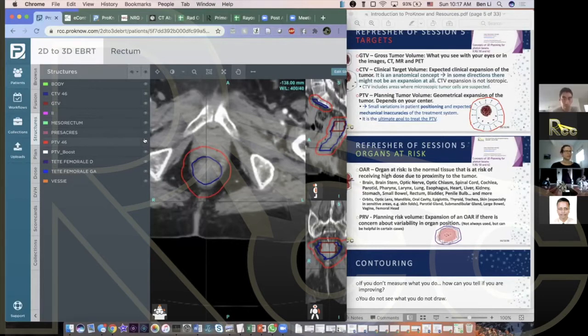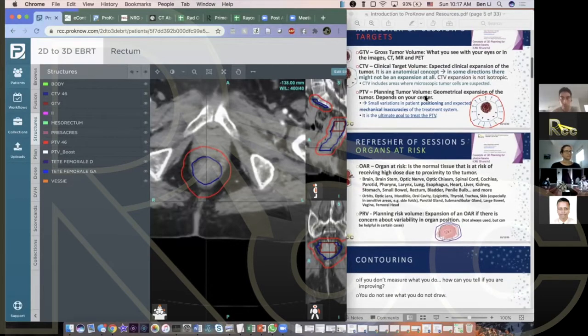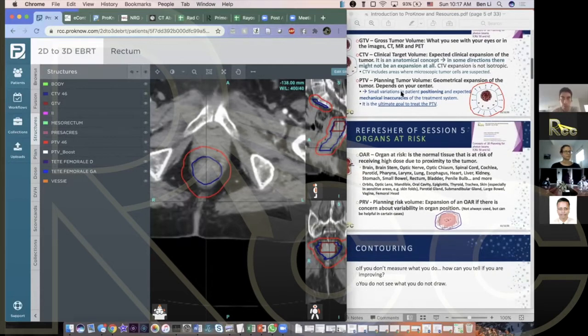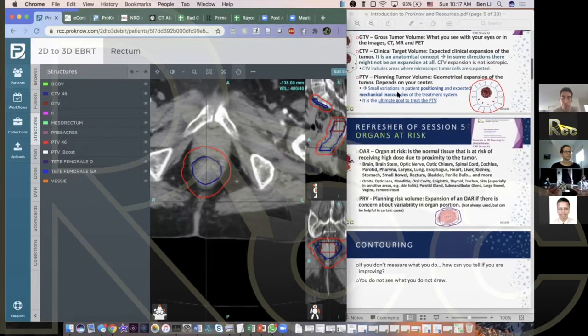And so the PTV, or the planning target volume, is a geometric expansion that accounts for small variations in patient positioning and any expected mechanical inaccuracies of the treatment system. I wouldn't think of the PTV as error, because this is rather variability that we anticipate. So it's safety. And ultimately, our goal is to treat and prescribe to the PTV.